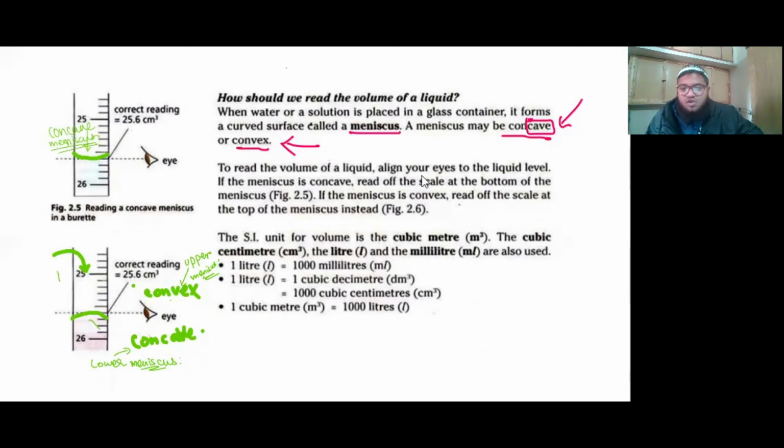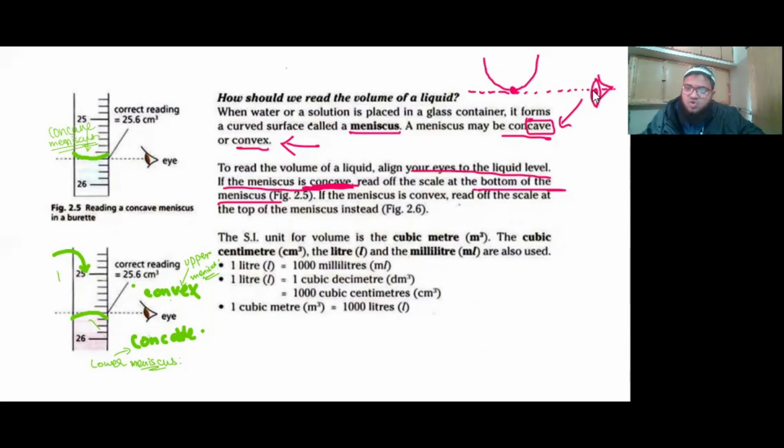To read the volume, align your eyes to the liquid level. If the meniscus is concave, meaning lower meniscus, then read off the scale at the bottom of the meniscus. If the meniscus is U-shaped, your line of sight should touch its lowest point and go through that point, and this is where your eye should be placed.